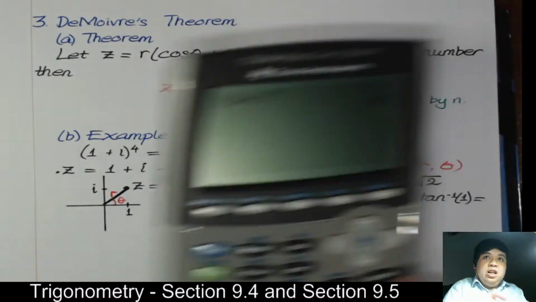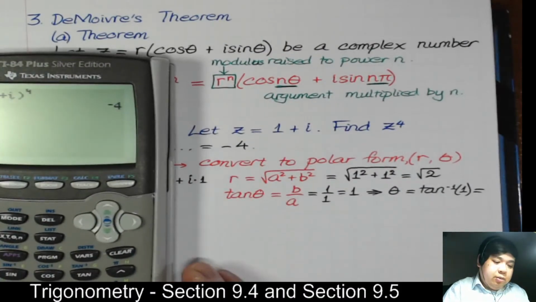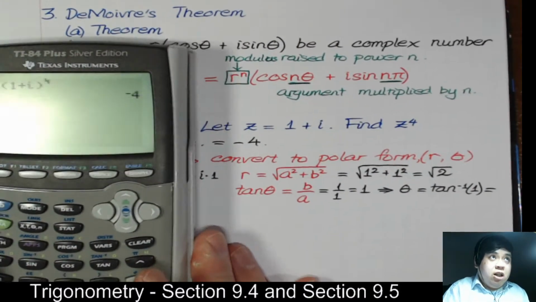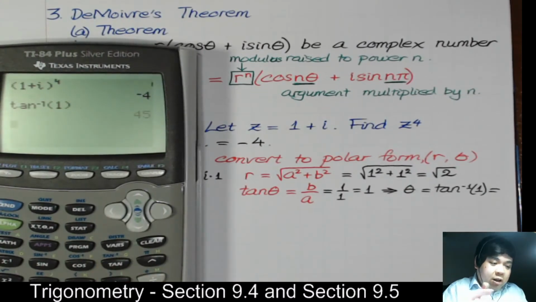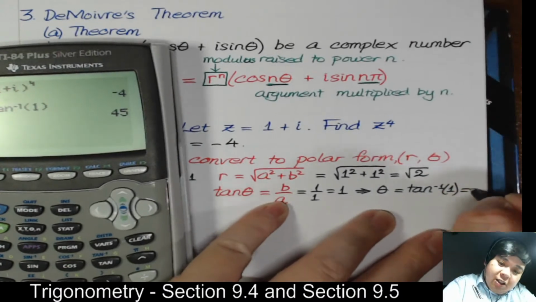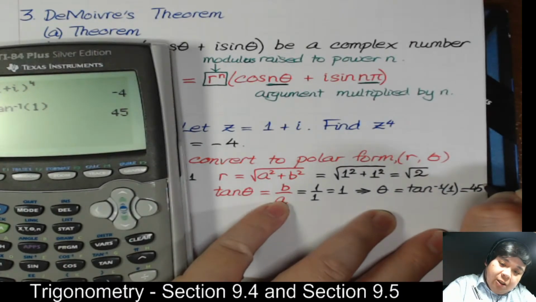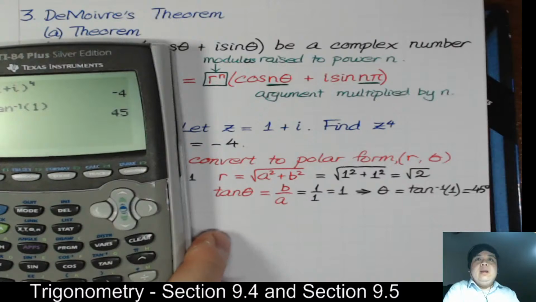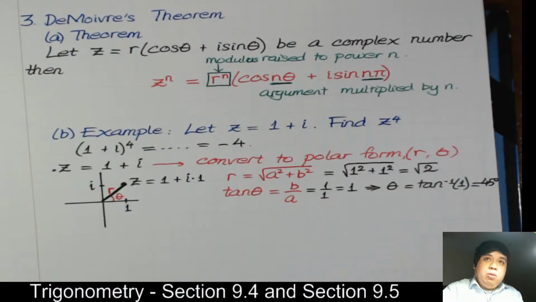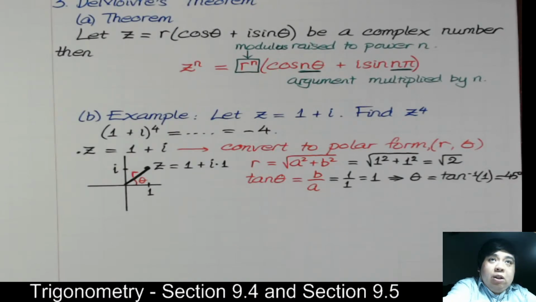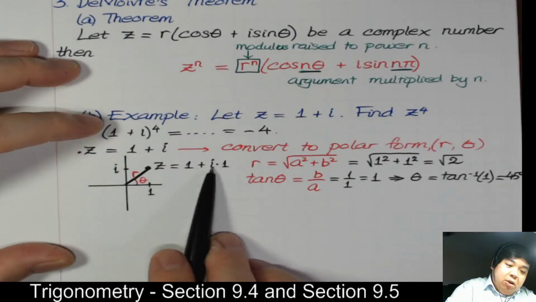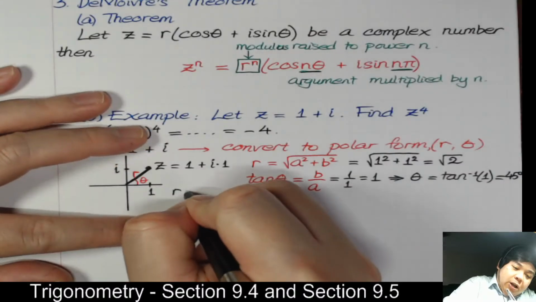We can use degree mode if we want to. Sometimes it's easier to just use the degree mode. So tangent inverse of 1 is 45 degrees. So that's 45 degrees.